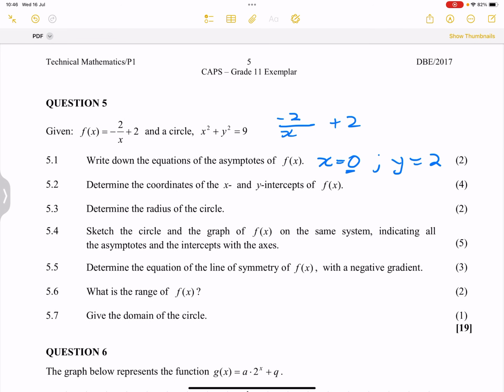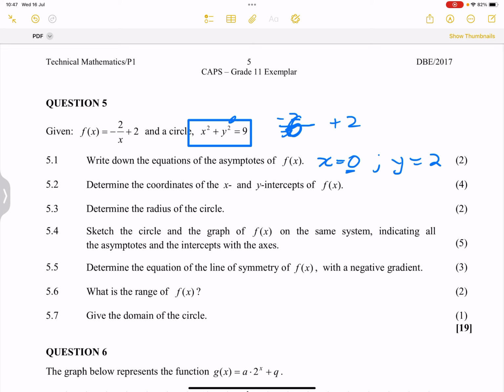Okay, so they say to us, determine the radius of the circle. Now, please, I want you to note, when it comes to the circle, we've got the equation of the circle. That's x squared plus y squared is equal to r squared.